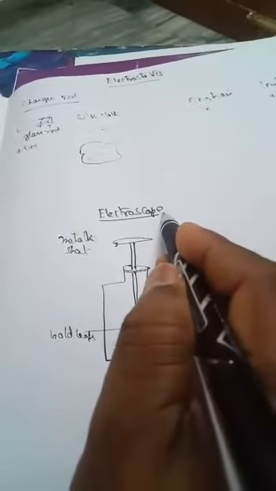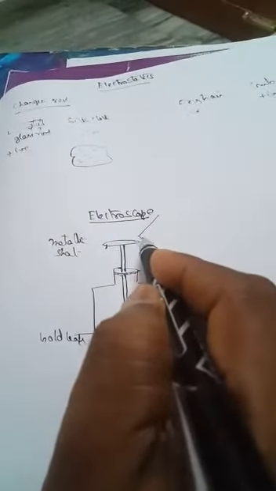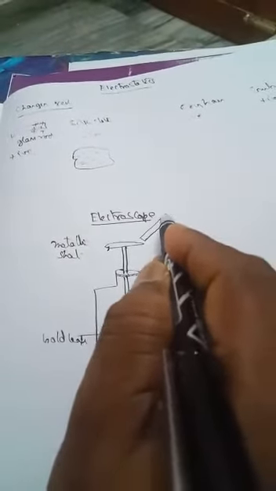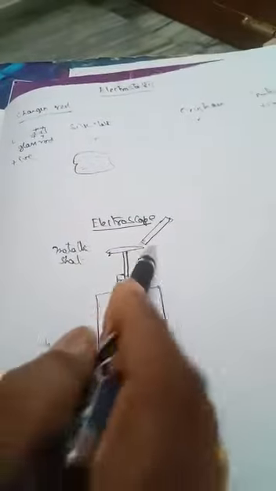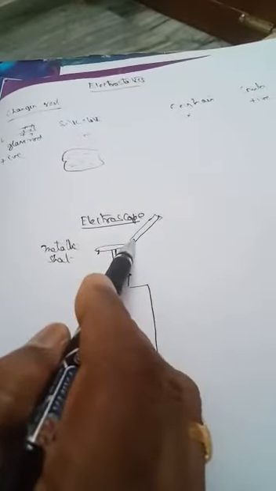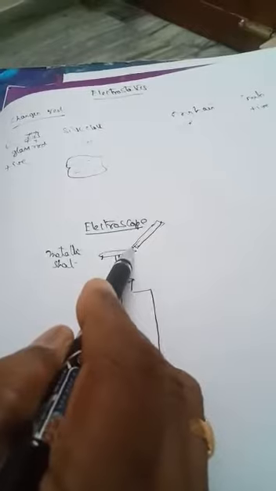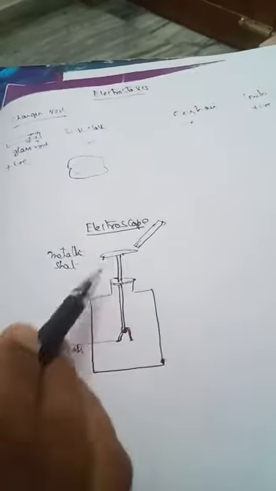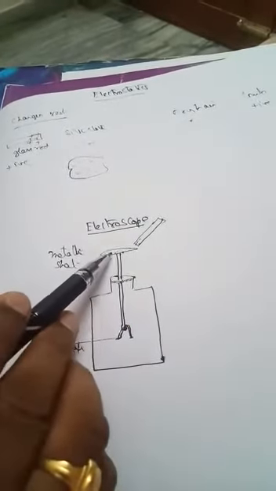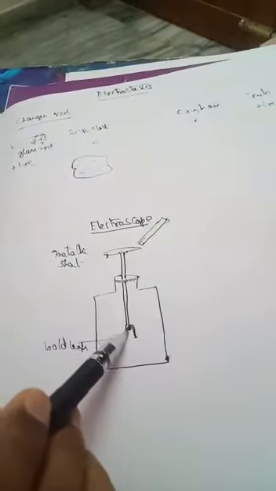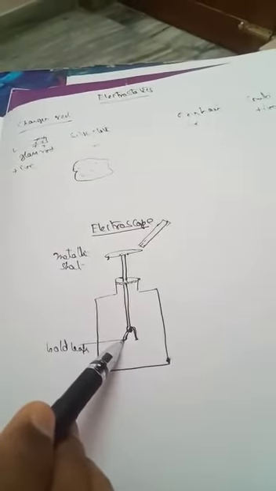Now if I bring any charged substance here and touch it, then the charge present on this substance, suppose the electrons, are transferred onto the metallic conductor sheet, and from here they will travel to the gold leaves.